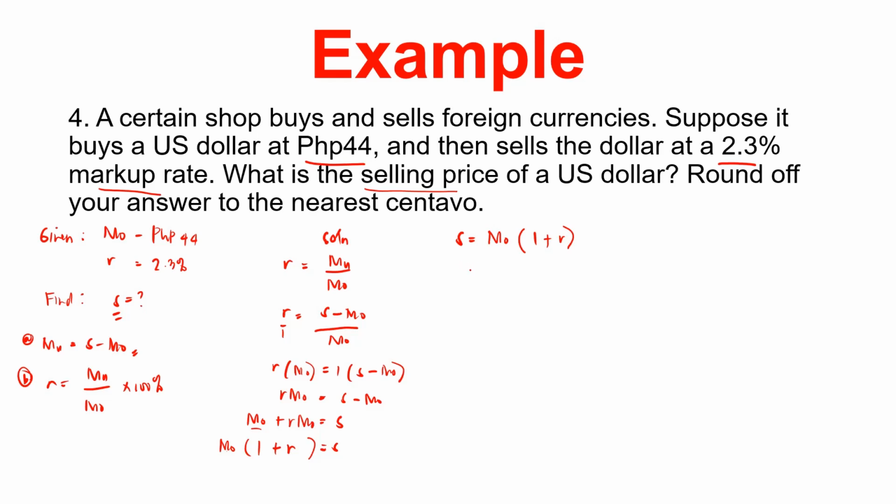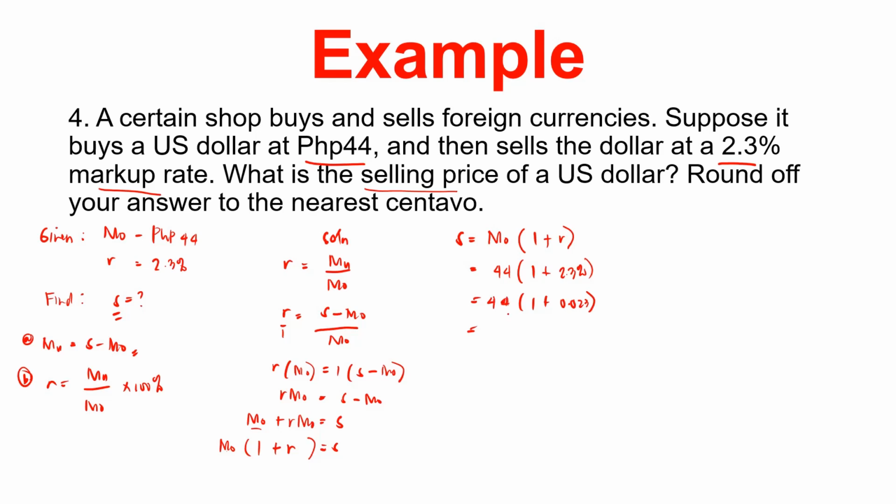Okay, class, nakuha natin to sa derivation ng formula. Okay, now we can input. Since we have the cost price, which is 44, our rate is 2.3%, or we can rewrite this as 2.3% is equal to 0.023.